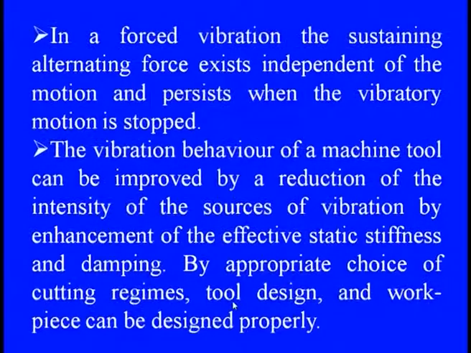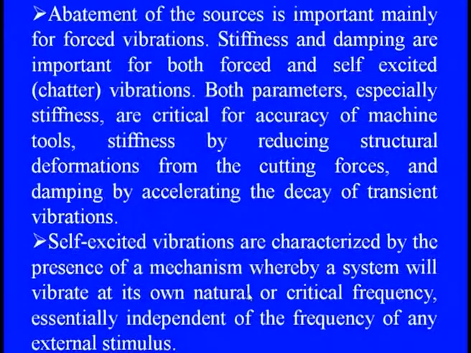And by appropriate choice of the cutting regimes, the tool design and workpiece can be appropriately designed. One of the significant features is that abatement of the sources is important mainly for forced vibration conditions, while stiffness and damping are two important features not only in forced but also in chatter or self-excited vibrations. Both parameters, stiffness and damping, are important to bring down the vibration.